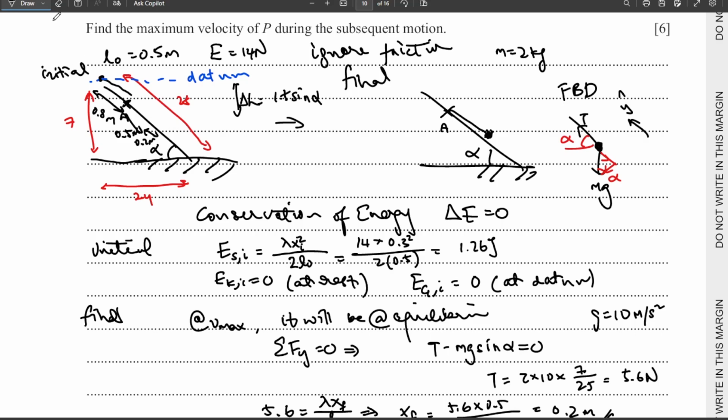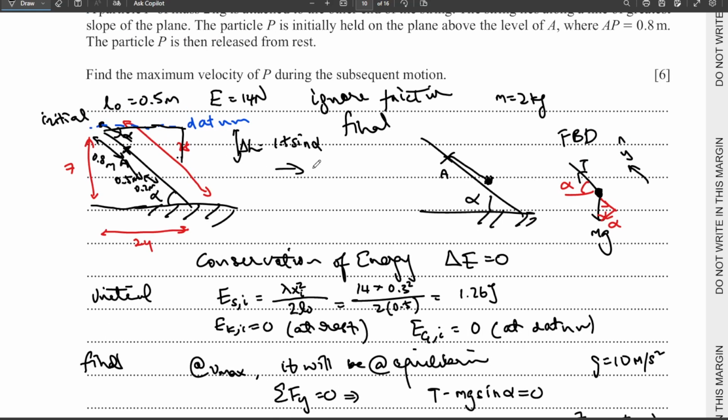Because alpha is here, and we want the vertical line here, which is opposite the angle, so we use sine. We can directly substitute because we have the values. So delta H is 1.5 times 7 over 25, so 0.42 meters.